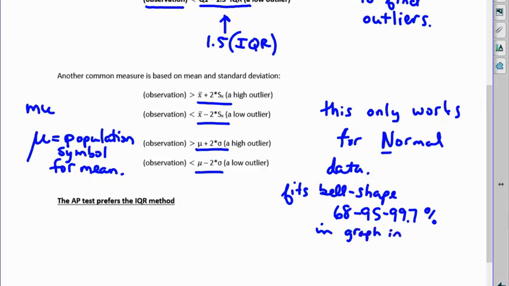But we're going to talk about that later, so I'm not going to spend time on that right now, because you don't know how to find out if it's normal data.